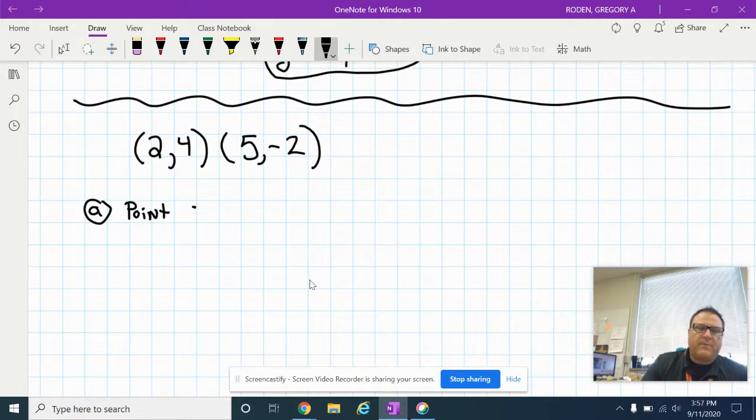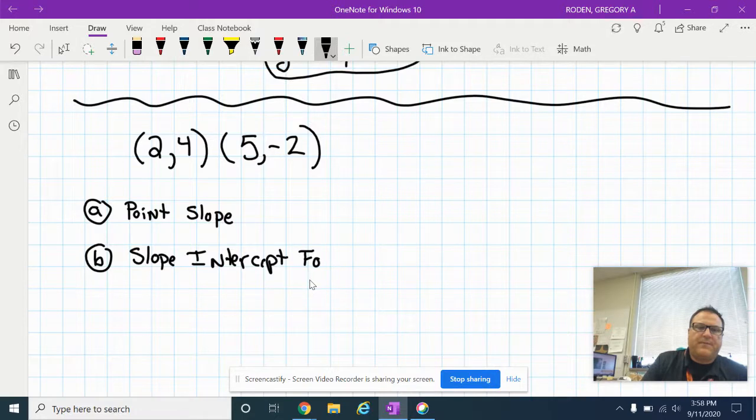And then after that, let's do slope intercept form. And just for fun, let's also write it in, what do you call it? Standard form. That'll be a lot of fun.